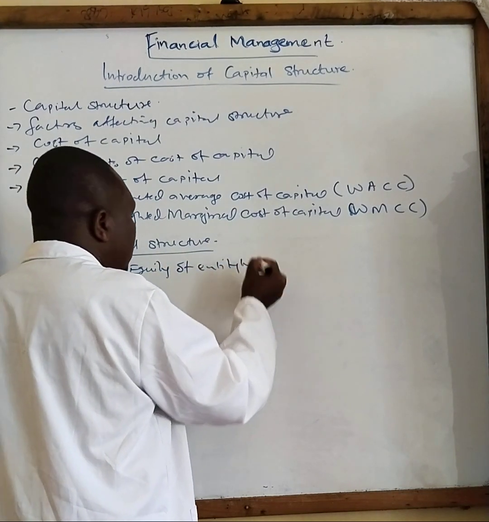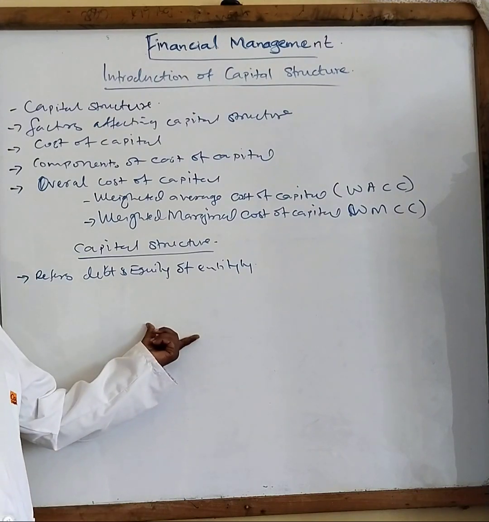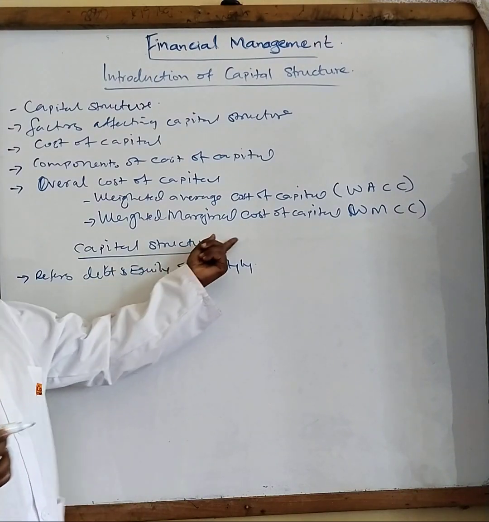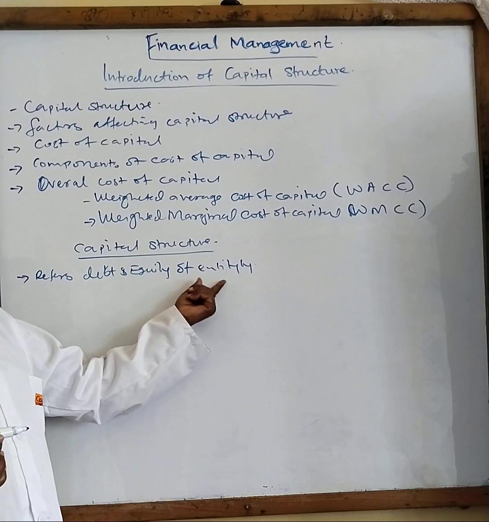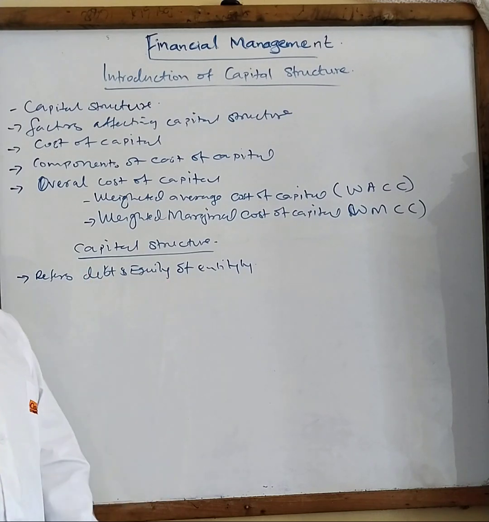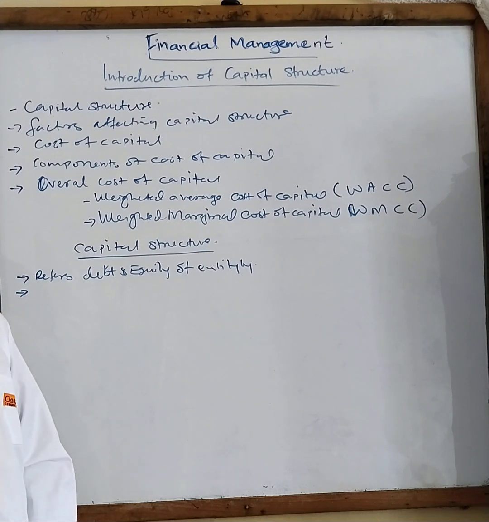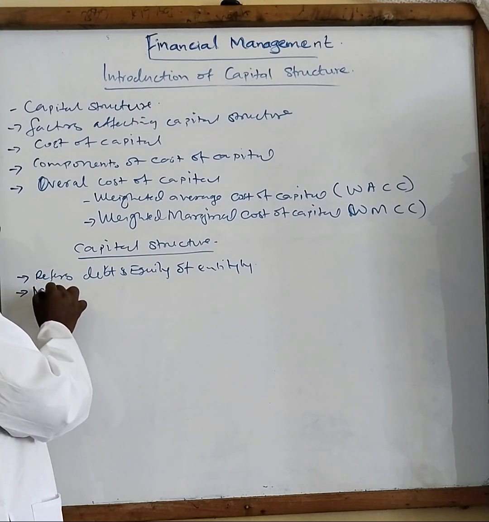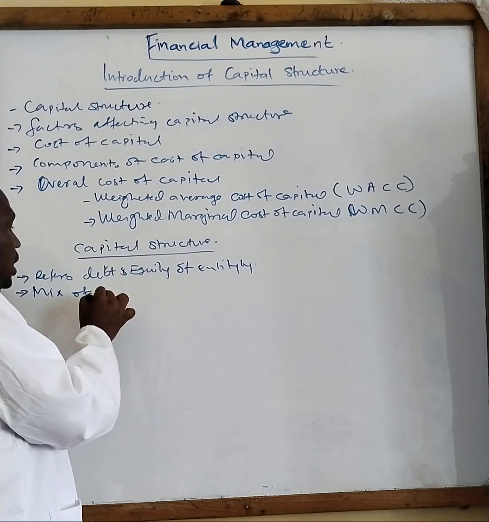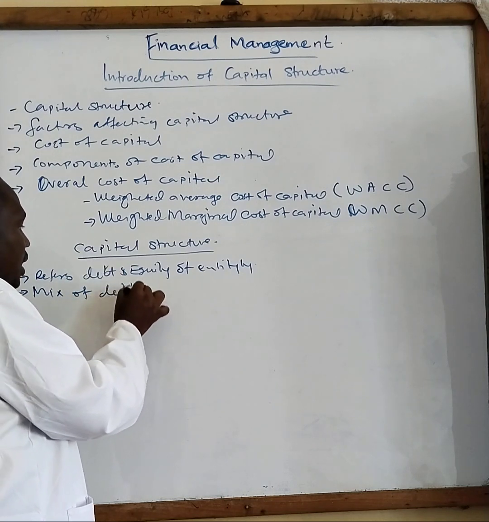That amount of debt and that amount of equity in an entity is what we call capital structure. It can also be defined as a mix of debt and equity.